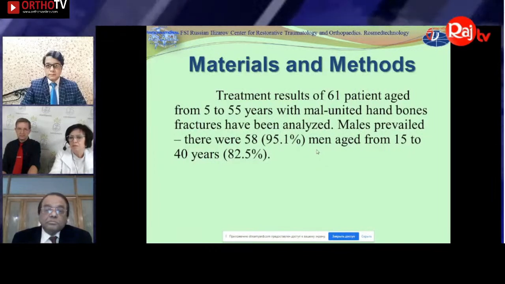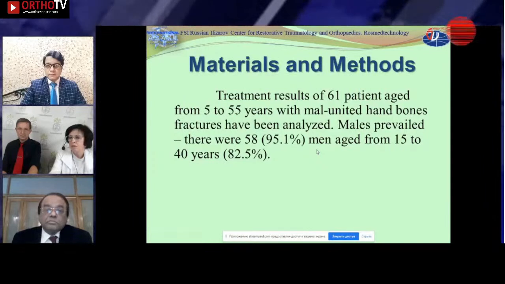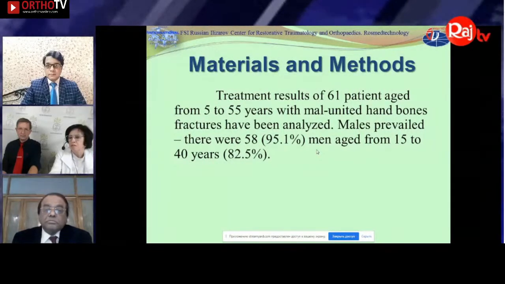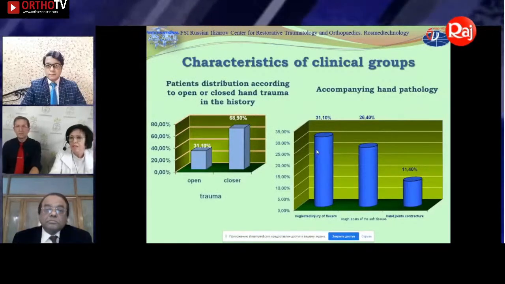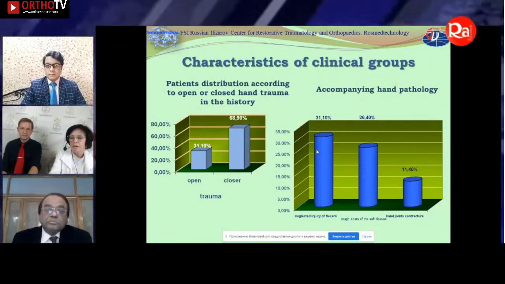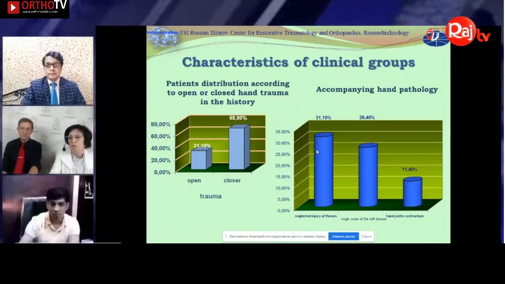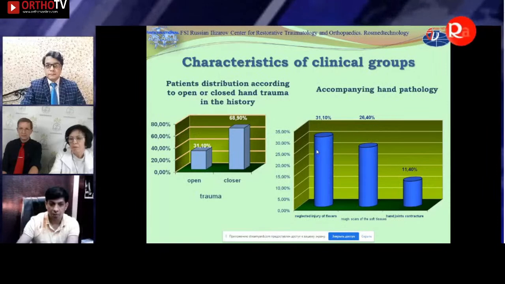Males prevailed, 95%, and women, with age from 19 to 40 years. Slide with the characteristics of the clinical group. Patients distribution according to open or closed hand trauma in the history.